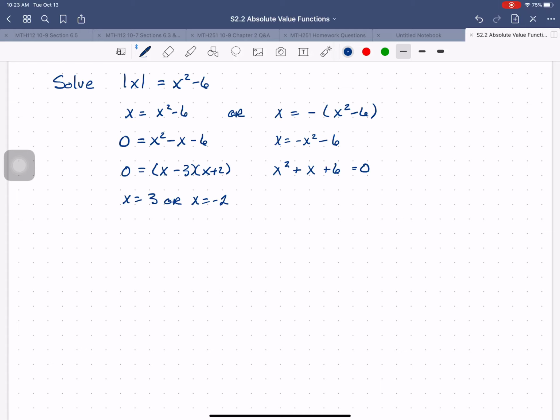That guy actually will not factor. And in fact, if I were to graph him, I would see that he has no real solutions. And that's okay.